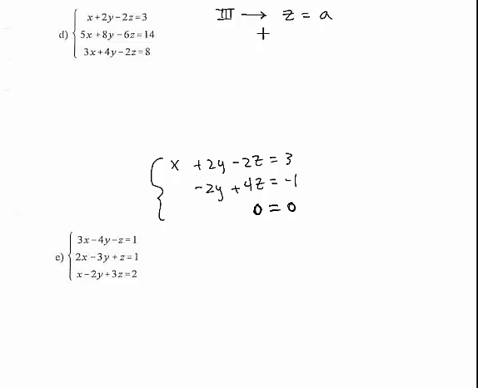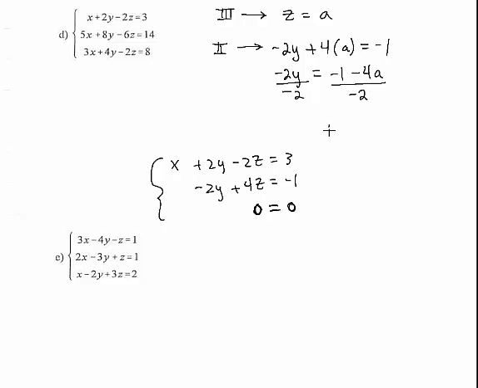Well, if z is a, what does y turn out to be based on a? We take the second equation and write -2y plus 4 times a equals -1, and we're going to solve this for y. So we would get -2y equals, to get rid of this term for a, we subtract it from both sides, -1 minus 4a, and then we divide by -2 to get y by itself.